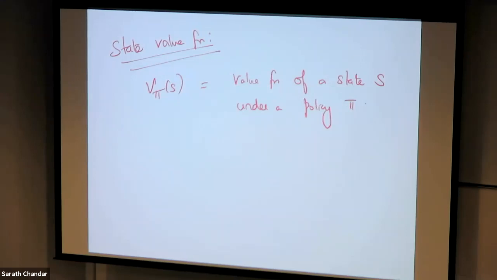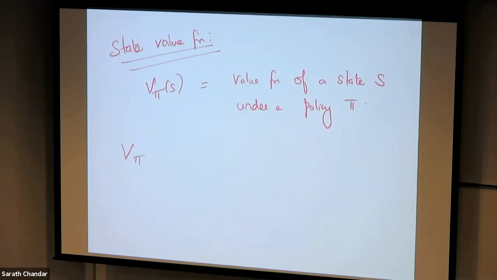As you can see, we are defining value functions with respect to a policy. The value of a state is determined by your future behavior. You go to that state, and what are you going to do in that state? If you don't know what to do there, then probably no state is valuable. You should have a plan when you reach a state, and that plan is given by your policy. So we will always define our value functions with respect to a policy. Given that I have this policy, which maps my states to actions, is it a good idea that I reach this state? That is what V pi of s is.